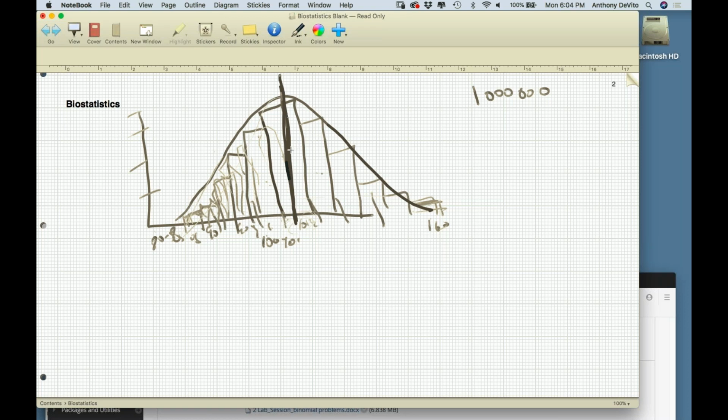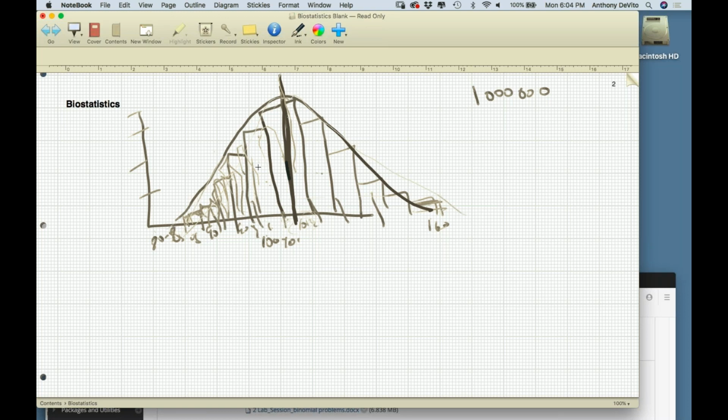This is a distribution where whether a person you would pick out randomly is above or below the mean is based simply on pure chance. The other nature of this is that this is symmetrical. In other words, the mean and the median are in the same point. So 50% of the people are above the mean, 50% of the people are below the mean.